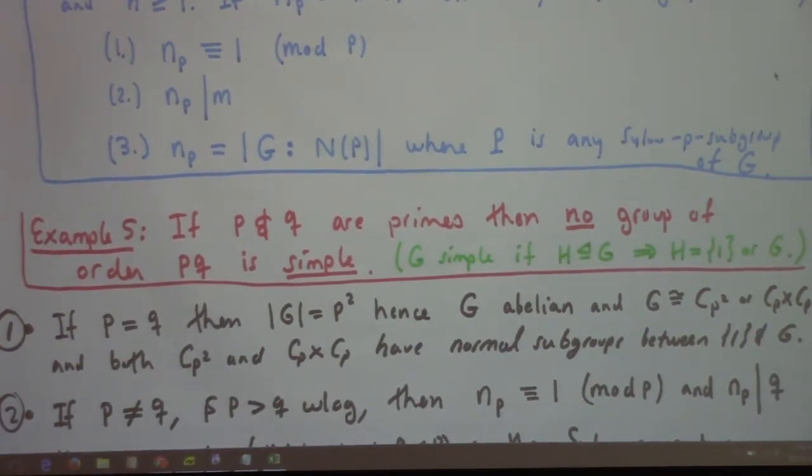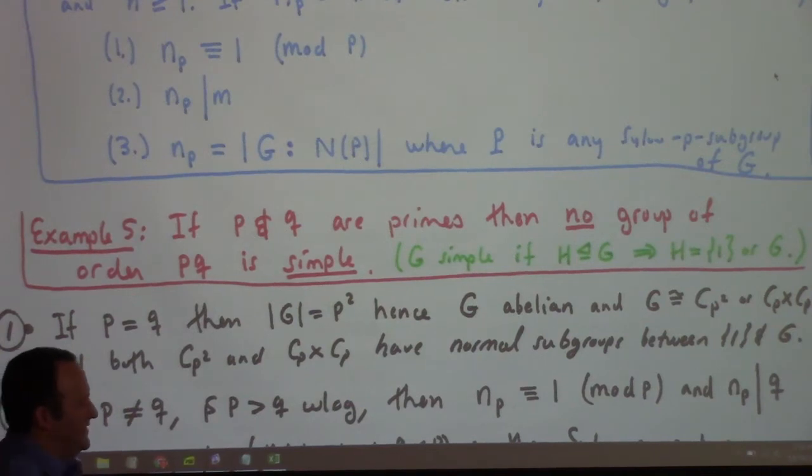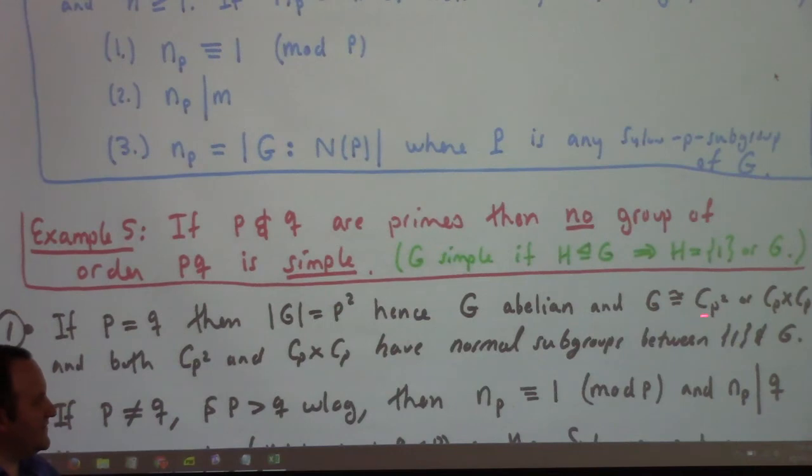Anyway, if p is equal to q, then the order of G is p squared, which means that it's abelian, and it must be one of two types. That was a theorem in section, I think, 8.1. Like if you think about the cyclic group of order p squared, what's the order of p?